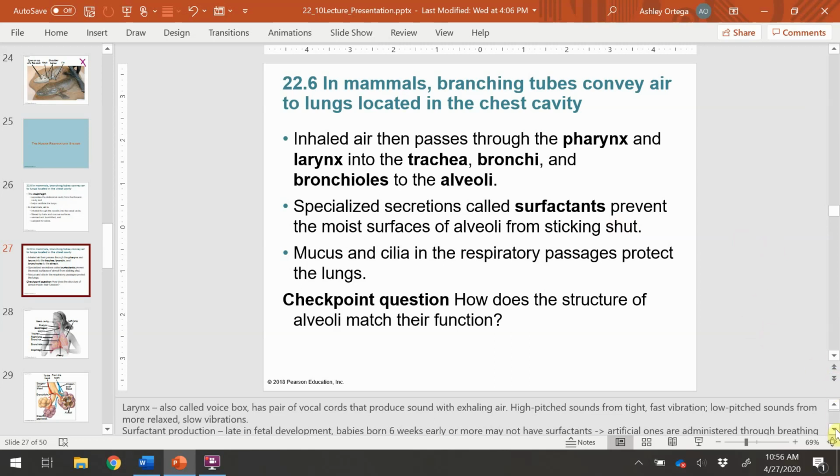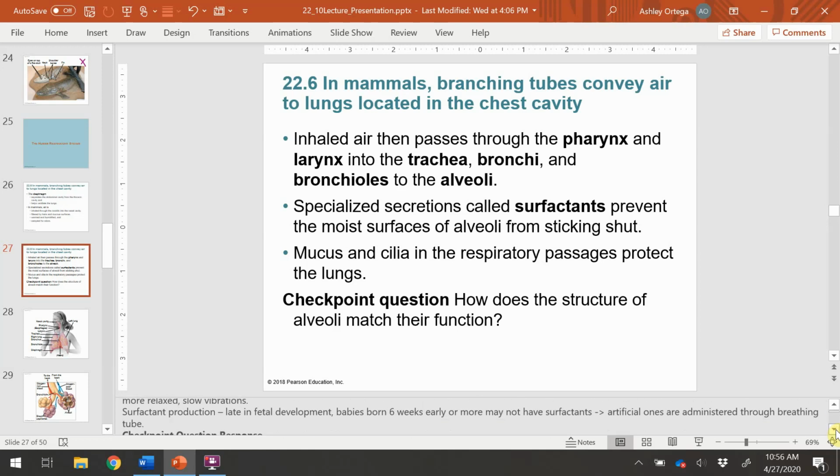And in terms of surfactants, we'll see at the very end of this chapter a little bit about fetal development, but for now we'll take a look that surfactant production happens at the very late stage of fetal development. So any baby born 6 weeks early or more may not have these surfactants, and so without them, their lungs will essentially collapse, and so as a result, they will not be able to survive.